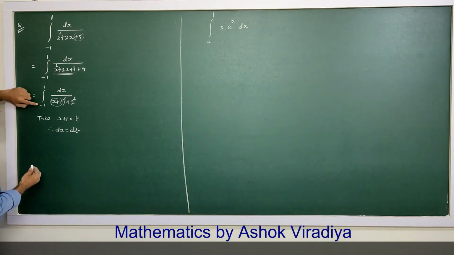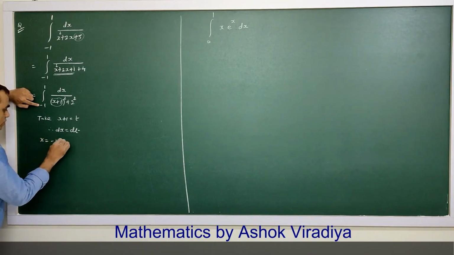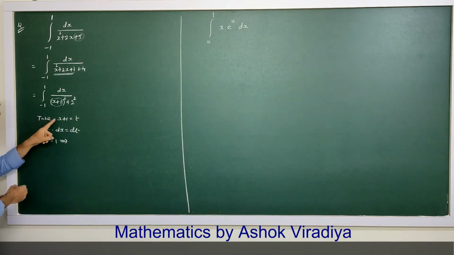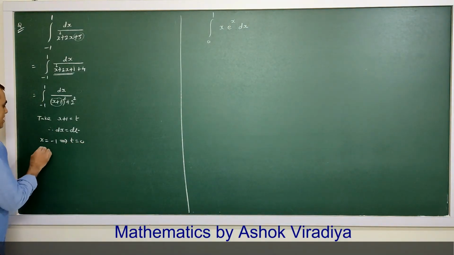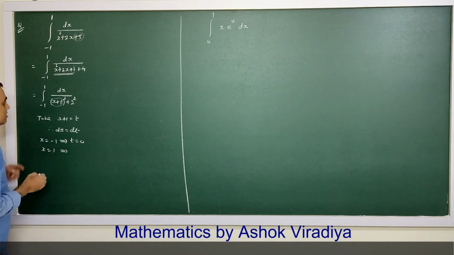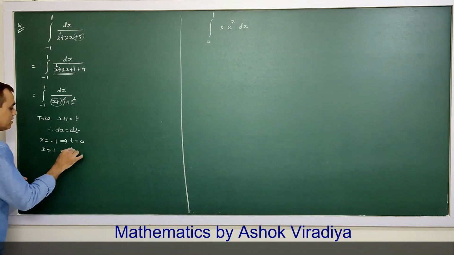Now we change the limit. When x is minus 1, if you keep minus 1 here, t is 0, and when x is 1, if you keep 1 here, t is 2.